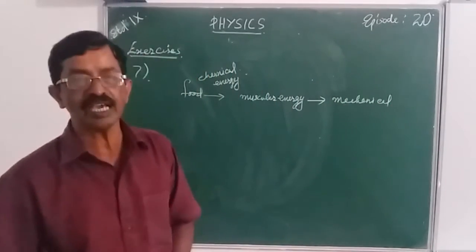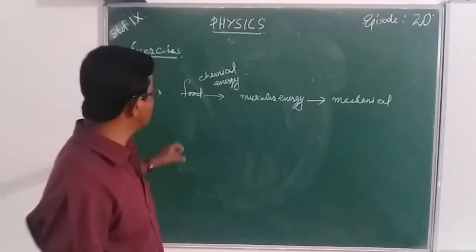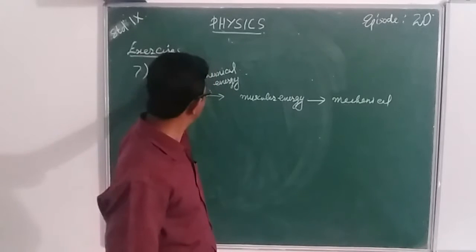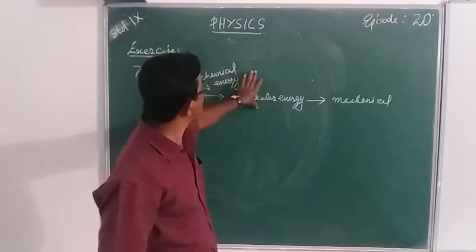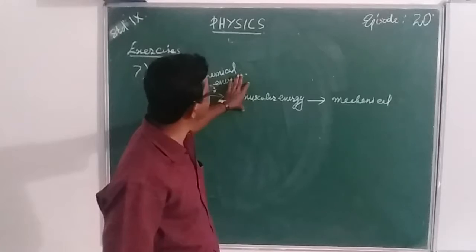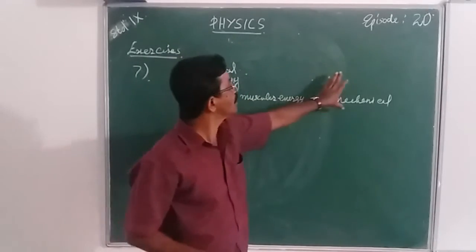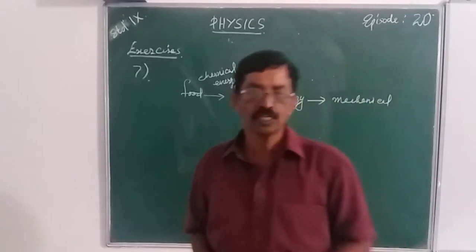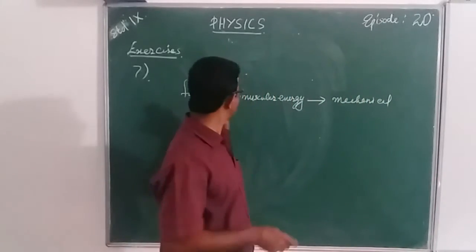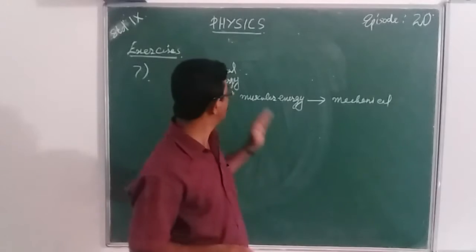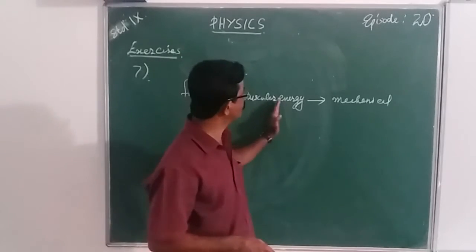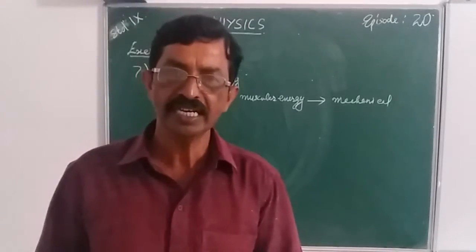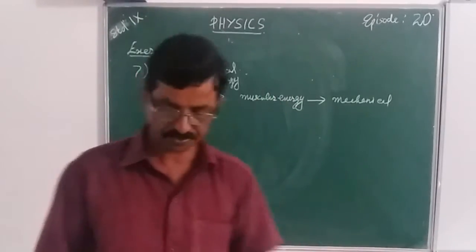There is chemical energy which we get from our food and muscular energy in our body exerting, and that becomes for rotating the bicycle. So this is the energy transformation which took place there: chemical, muscular, mechanical. In this way, energy transformation takes place.